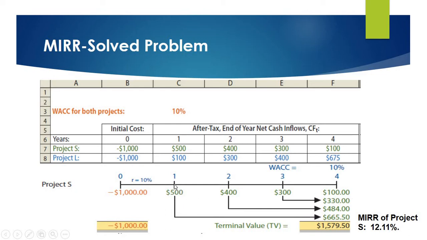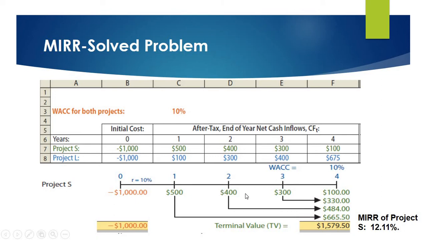This $500 will be generated in year 1. So 1, 2, 3. After this period, there will be 3 more periods. So this is how future value is calculated: 500 into 1 plus the cost of capital, which is 10%. So 500 into 1 plus 0.1 to the power 3.